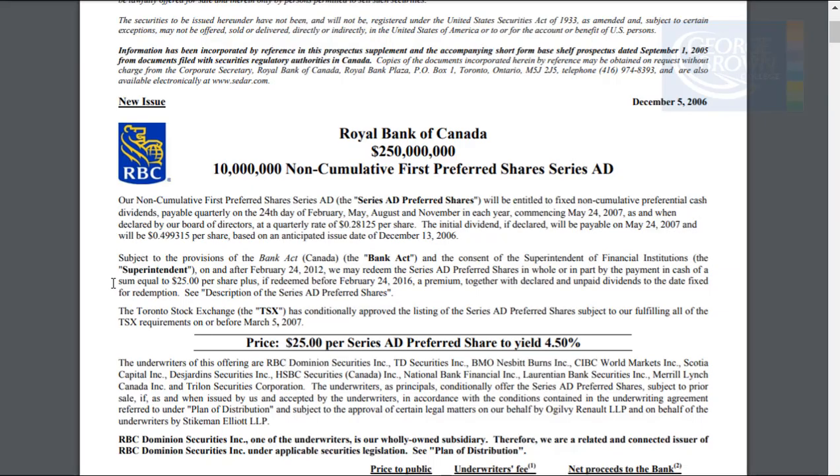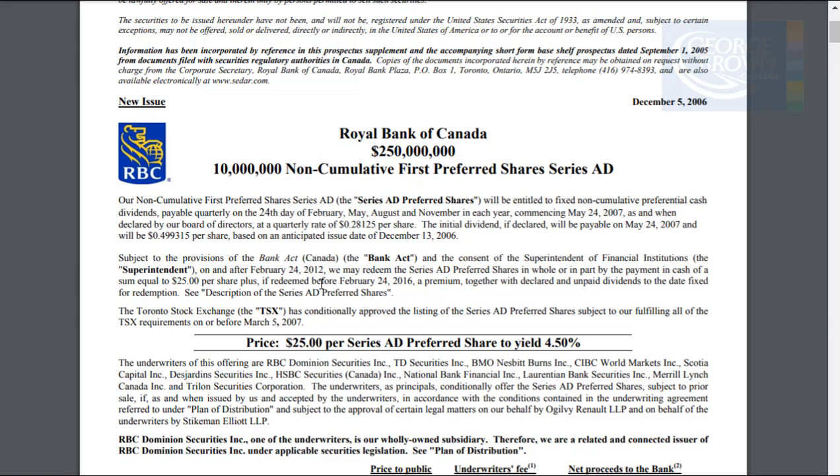So again, if we go back to the prospectus, we can see here in this paragraph, subject to the provisions of the Bank Act in Canada and the consent of the Superintendent of Financial Institutions, on or after February 24, 2012, you can see that these were being issued in 2006.